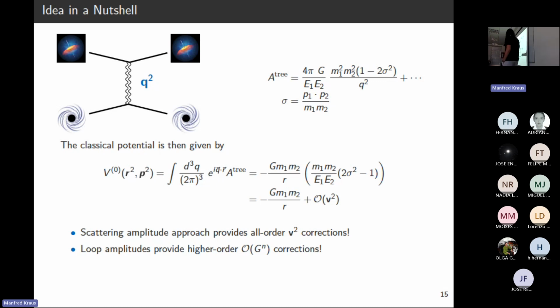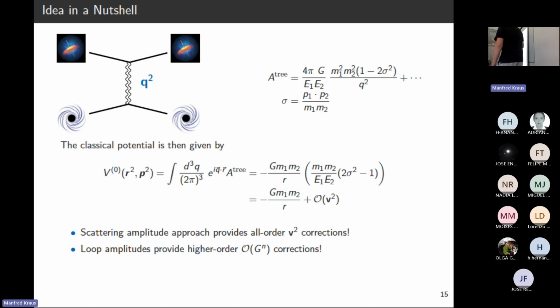If you now Fourier transform this piece, you already see that something like the Newton potential comes out. There's some weird factor here. But you notice if you go now to the non-relativistic limit, where these black holes are not moving, you really get Newton. So what that means is that from scattering amplitudes, you can actually perturbatively compute the potentials, corrections to the Newtonian potential. And these scattering amplitudes will give you the fully special relativistic corrections to these potentials.